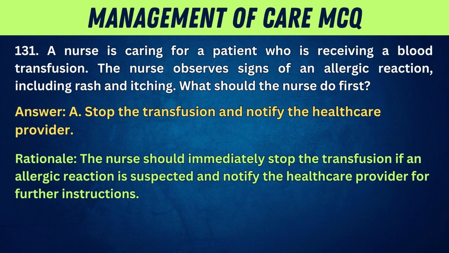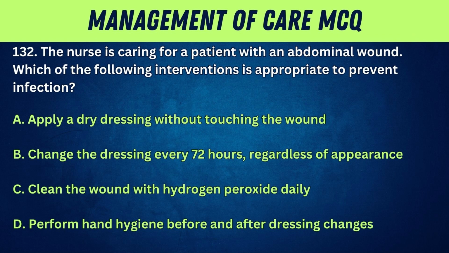Rationale: The nurse should immediately stop the transfusion if an allergic reaction is suspected and notify the healthcare provider for further instructions. 132. The nurse is caring for a patient with an abdominal wound. Which of the following interventions is appropriate to prevent infection? A. Apply a dry dressing without touching the wound.